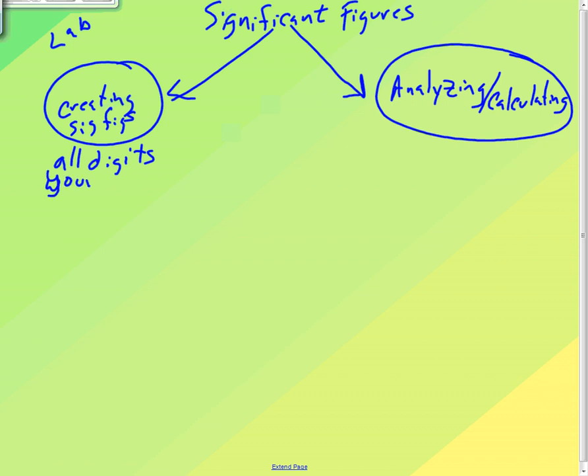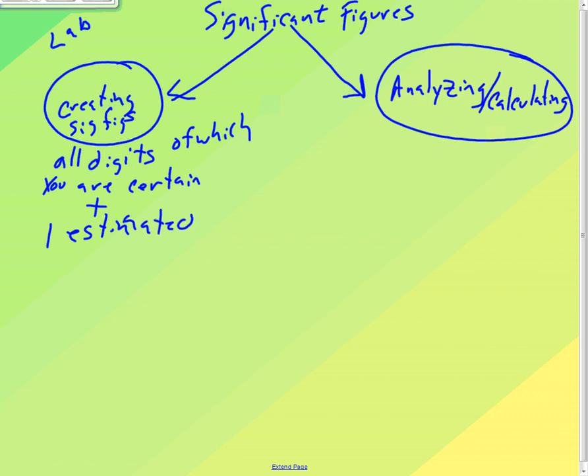All digits of which you are certain, plus one estimated digit. Okay? So all digits of which you are certain and one estimated digit.